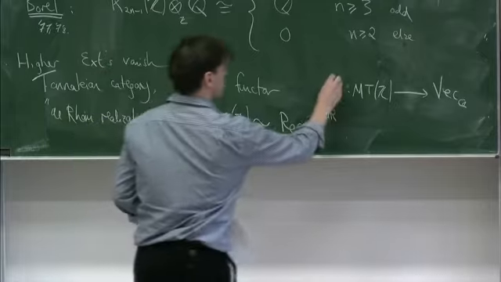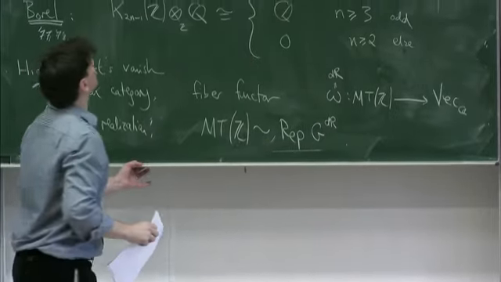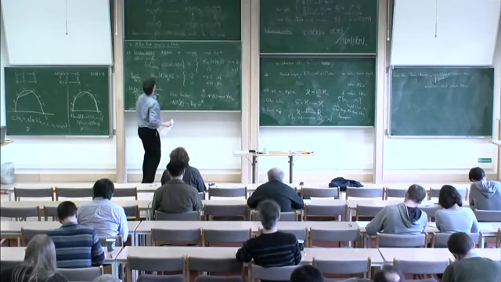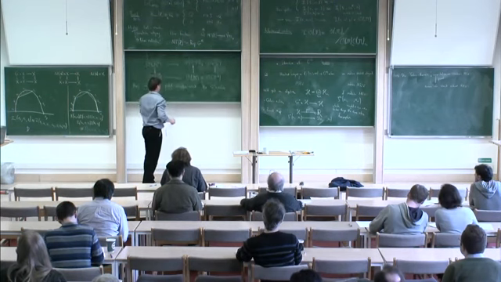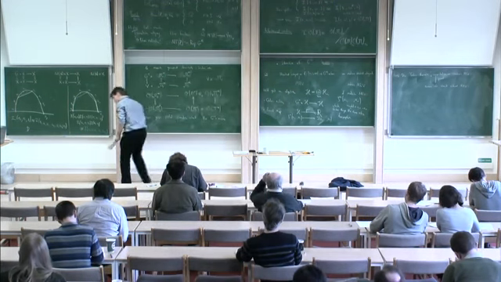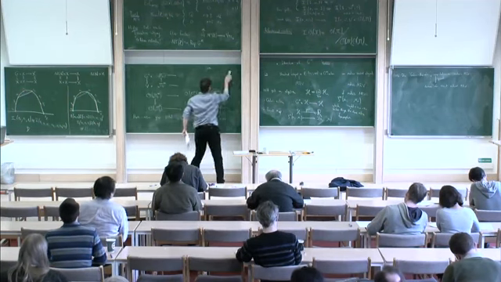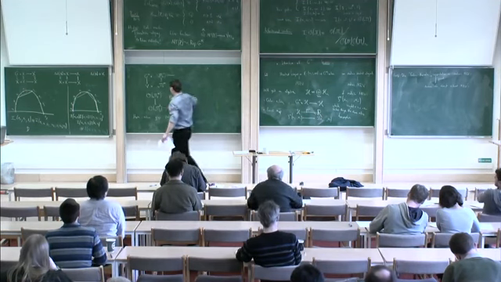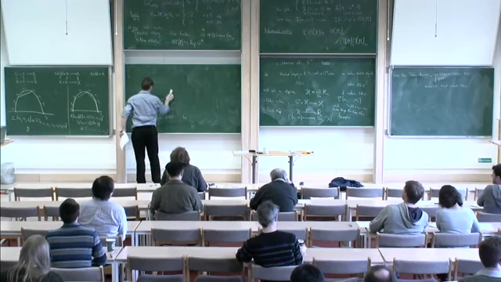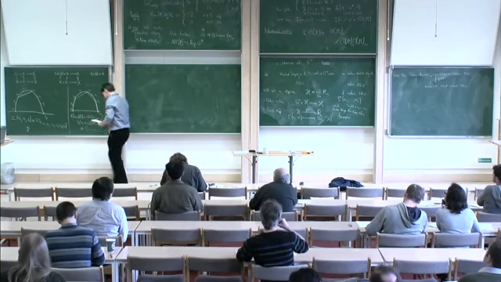So maybe I should just put omega equals dR here. It's not ideal. Save some confusion.